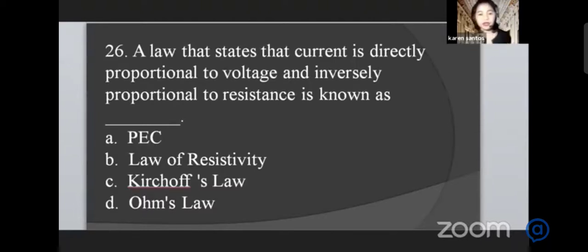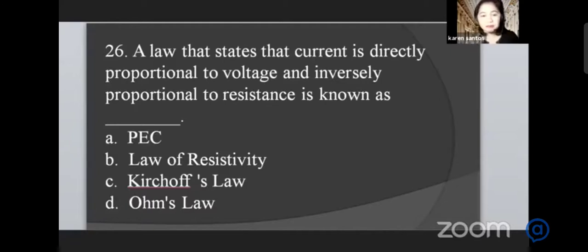Let's begin with question number 26, so that we can discuss many questions. Okay, so are you ready, everybody? Let's proceed. Question number 26.